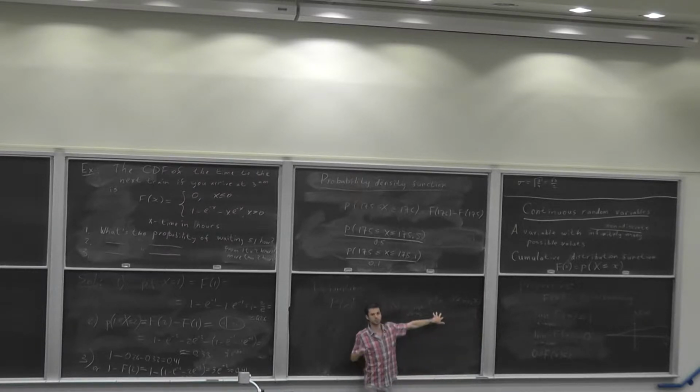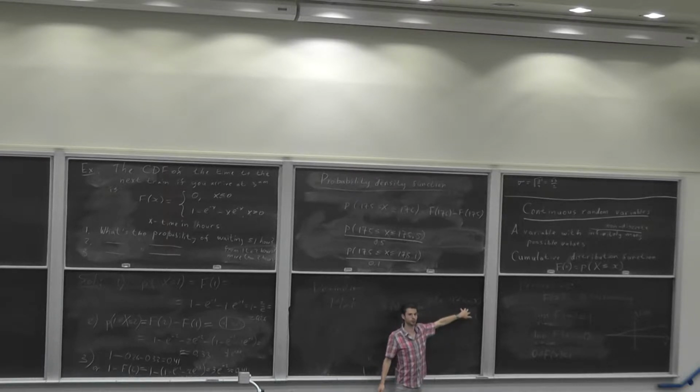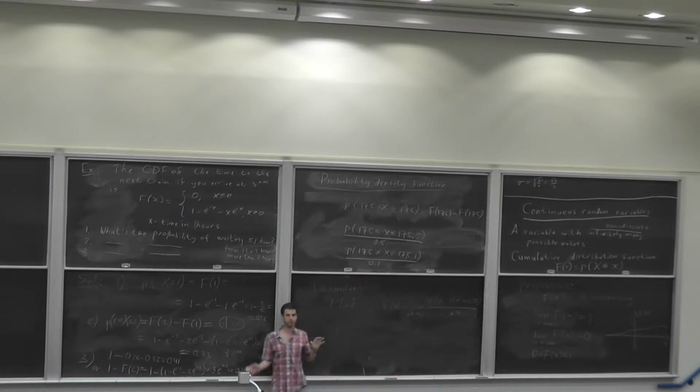So just this thing is always 0. So if you look at the proportion of events which are from x to x plus a really small margin, it becomes smaller and smaller, this margin becomes smaller and smaller. But this thing, after normalization, like we did here, becomes a meaningful number.